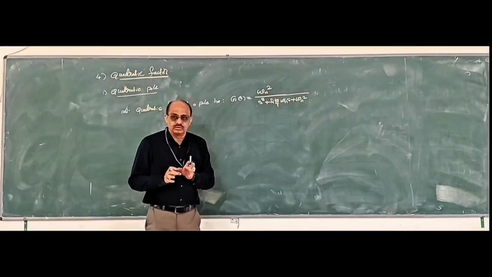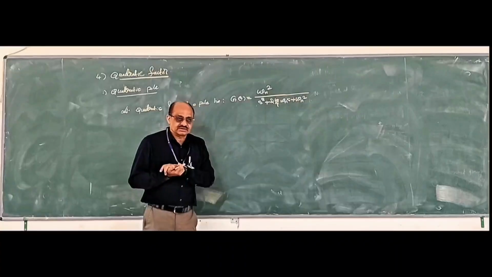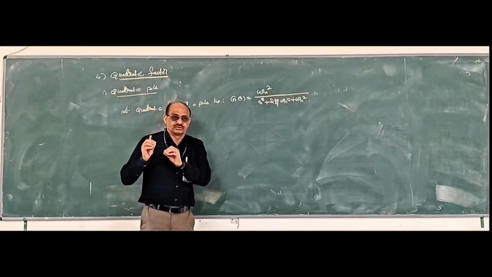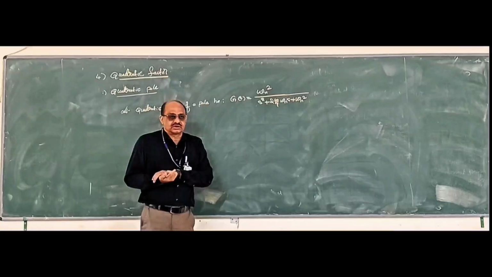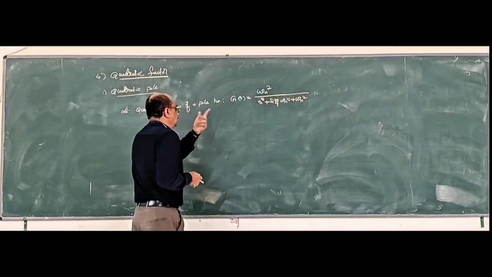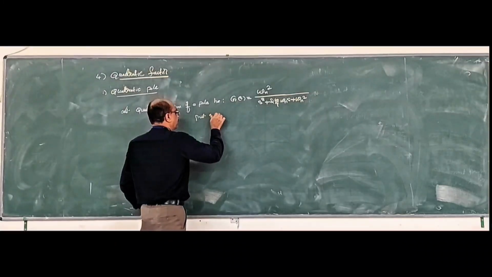So what we have to do? Substitute s is equal to j omega. Bring that to the sinusoidal transfer function. Then we have to do some modification. So first put s is equal to j omega.